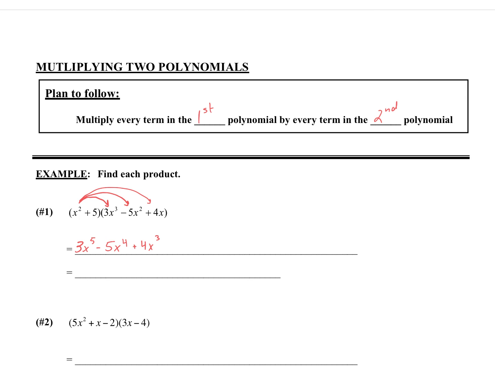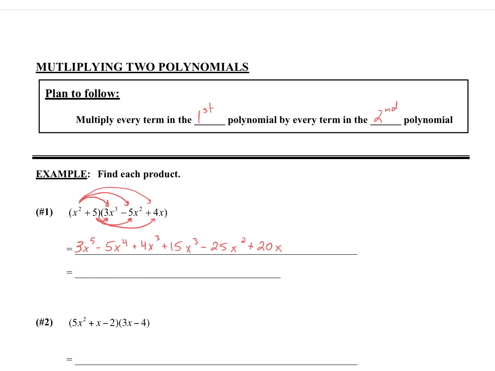Okay, and now we have to multiply the second term by every term. So we have to do 5 times 3x cubed, so it's going to be plus 15x cubed, 5 times negative 5x squared, so negative 25x squared, and then finally 5 times 4x, which is plus 20x. All right, and then now we're going to combine like terms.